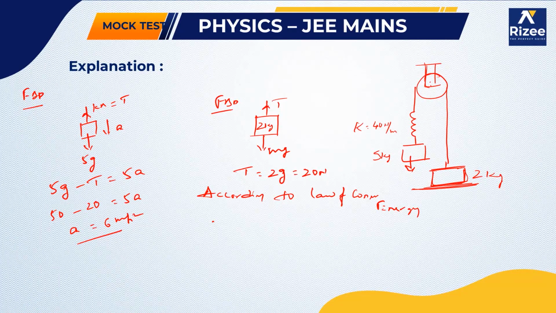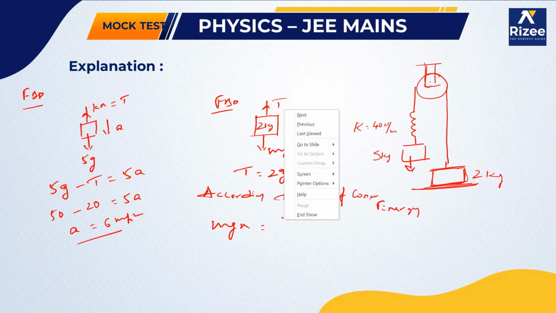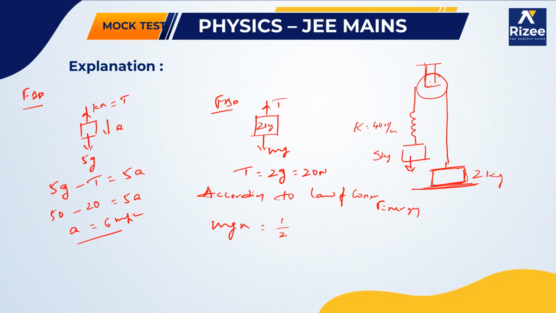That means that the potential energy mgh is equal to, so we can write this energy will be stored in the form of the spring, that can be written as half kx squared, plus half mv squared. So this is the situation now. To calculate the x value, how much it has come down, from here we can say that kx is equal to 20, which is equal to the tension under the just lifting condition.